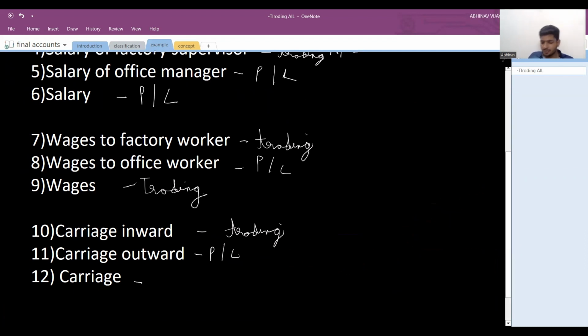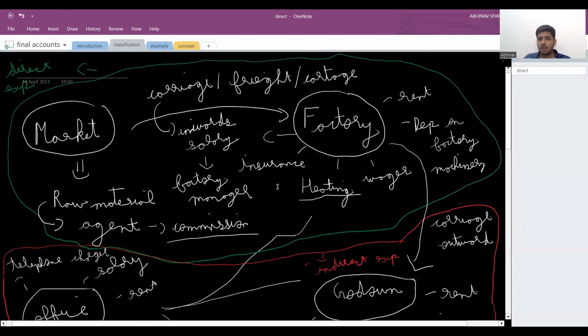Now carriage. Pay attention, I'm going to tell you an important point. When I say market, market can be in any state. Raw materials can be procured anywhere. Say you want a specific raw material which is found only in specific places of the country.